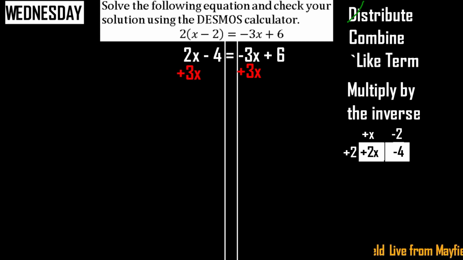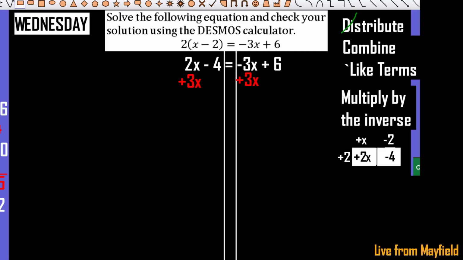Again, let's draw that horizontal line, just to be able to break it apart and show it for ourselves. So again, the opposites and the zero pairs cancel out.